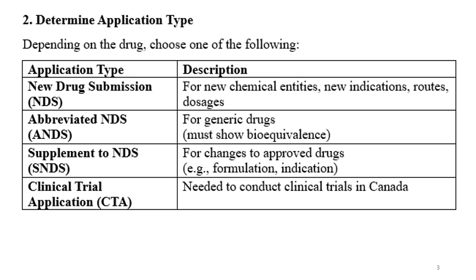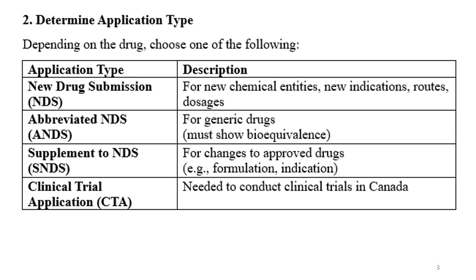New drug submission, NDS, is for new chemical entities, new indications, and new route of administration or changed route of administration, and the dosage. Abbreviated NDS, that is ANDS, is for the generic drugs, and these are required to demonstrate the bioequivalence.